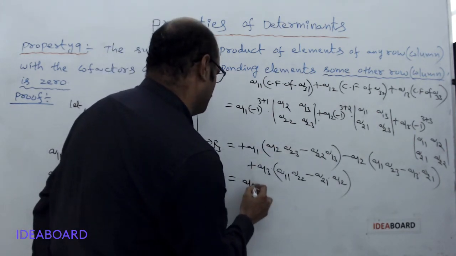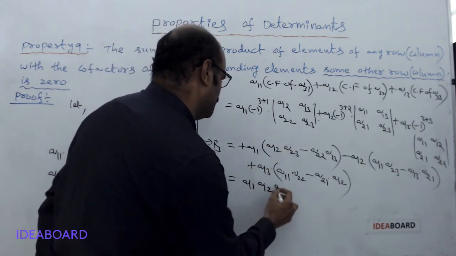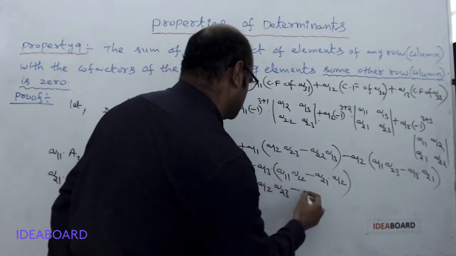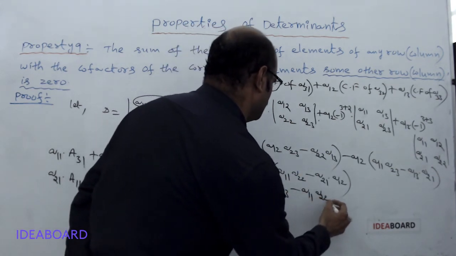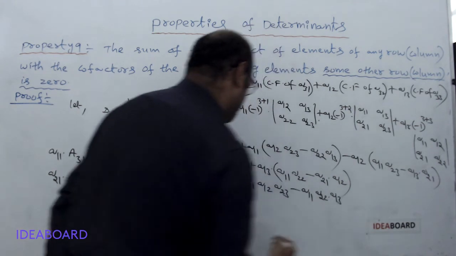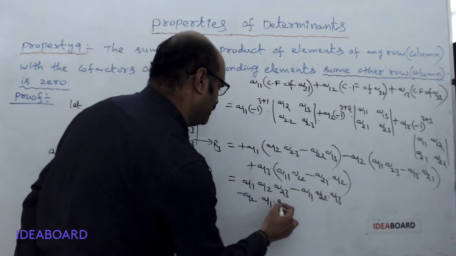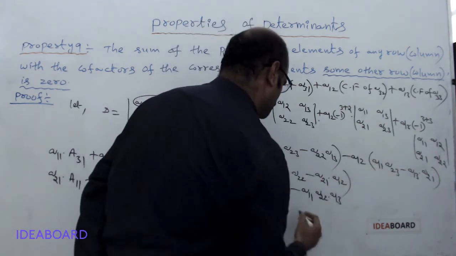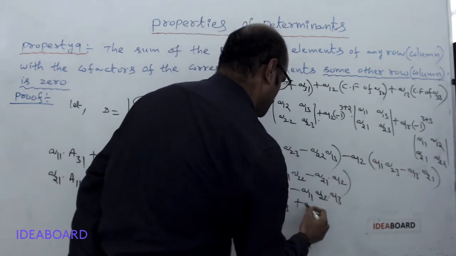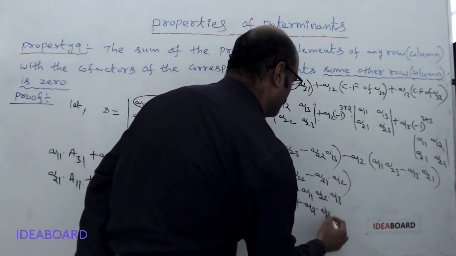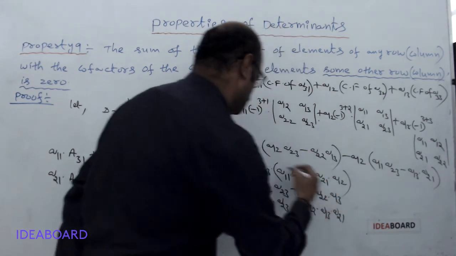So it implies A11 into A12, A23 minus A11 into A22 into A13 minus A12 into A11 into A23 minus into minus plus A12 into A13 into A21.